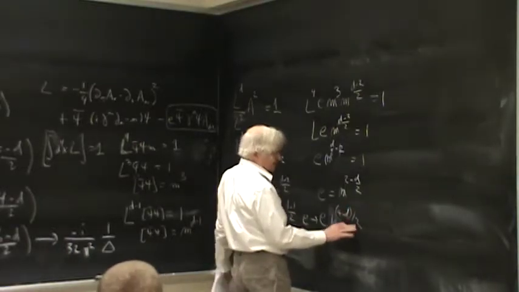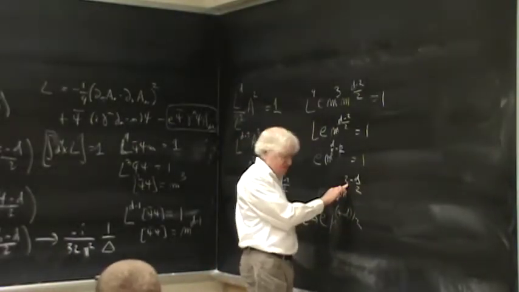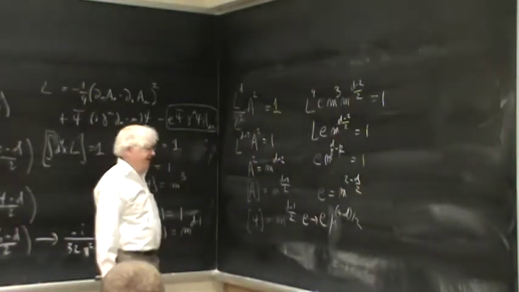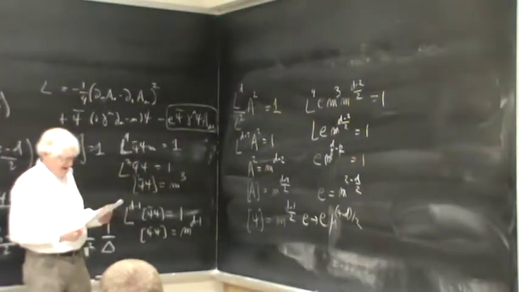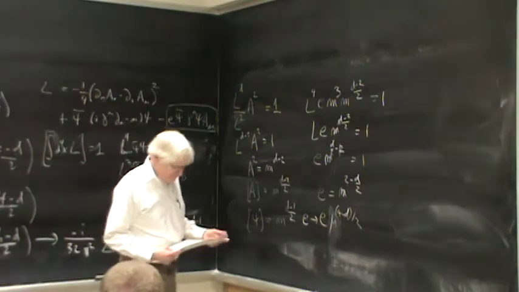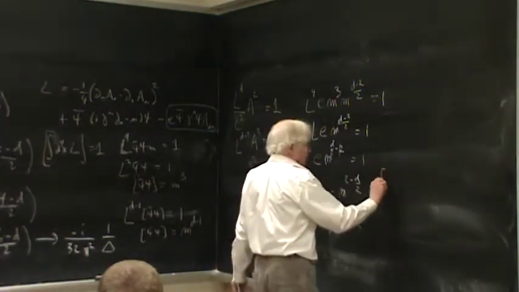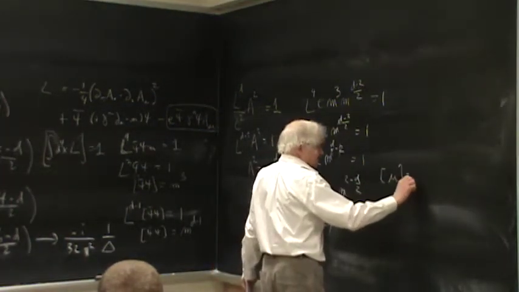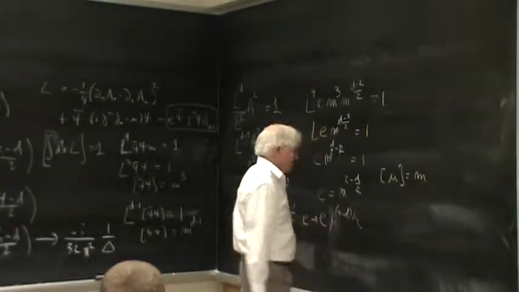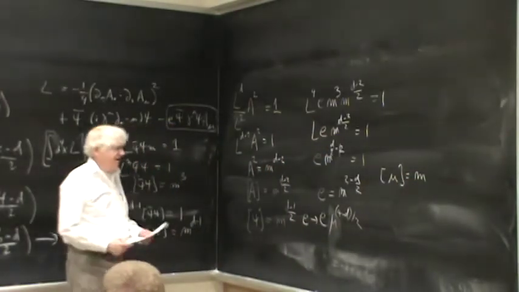So 4 minus d over 2 is the same thing as 2 minus d over 2. And mu is then just an arbitrary parameter, just a mass.